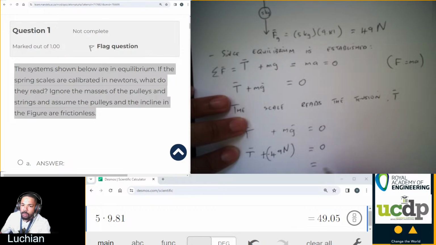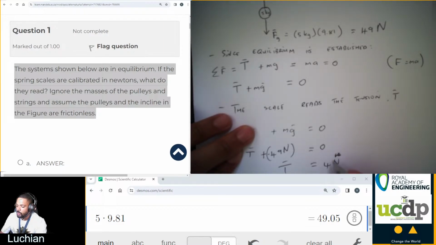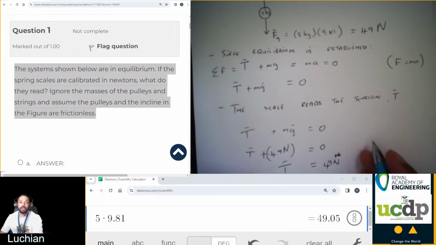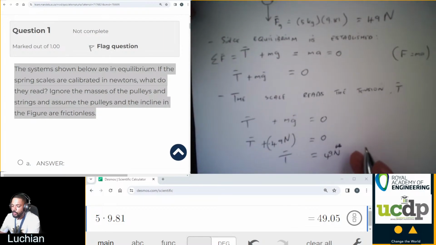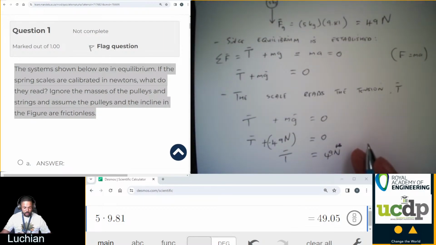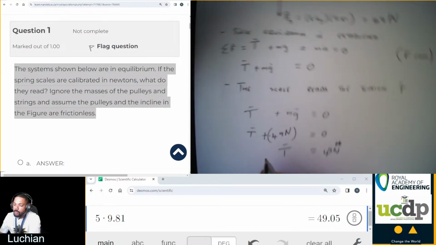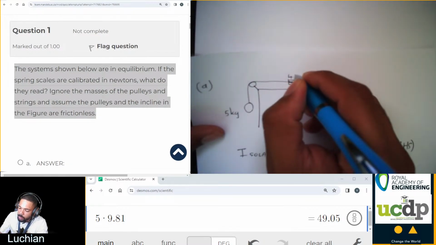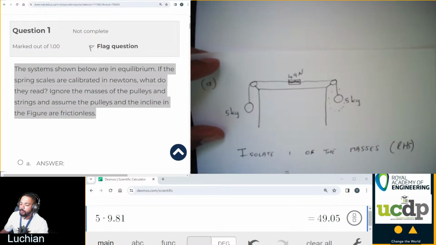So the tension is equal to 49 newtons, and that is upwards. So the tension is 49 newtons upwards, which means the readout on the scale is 49 newtons. So here we will have a measurement of 49 newtons.